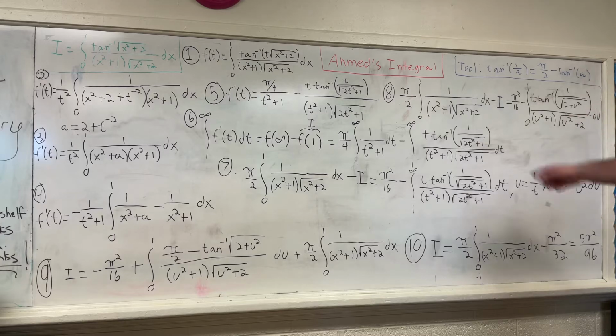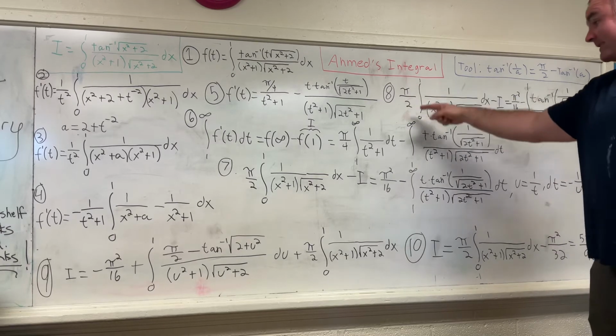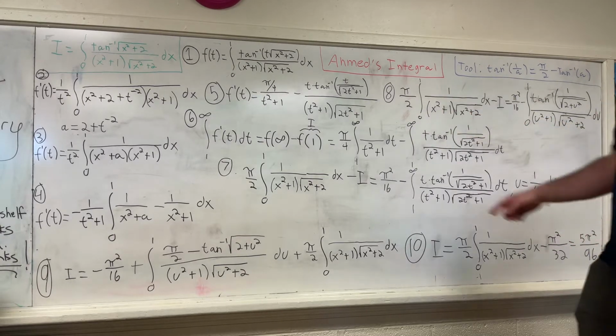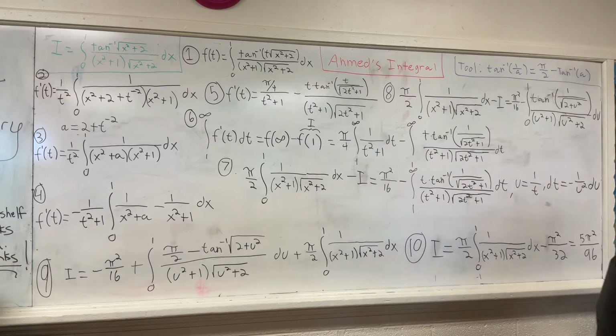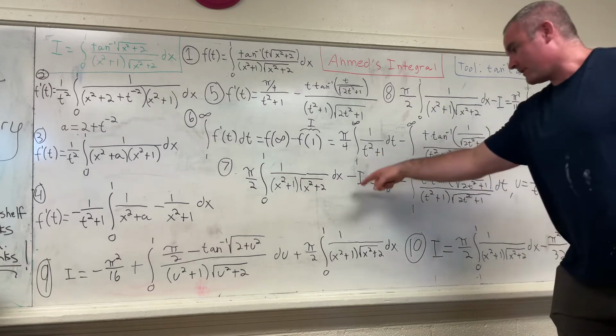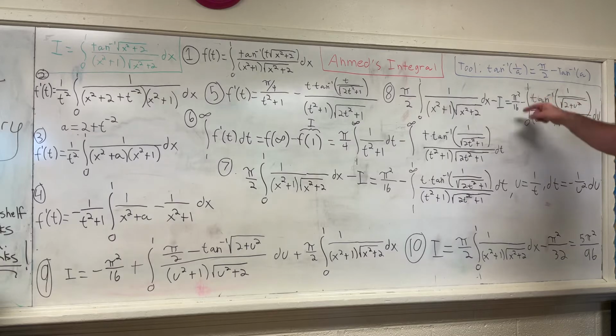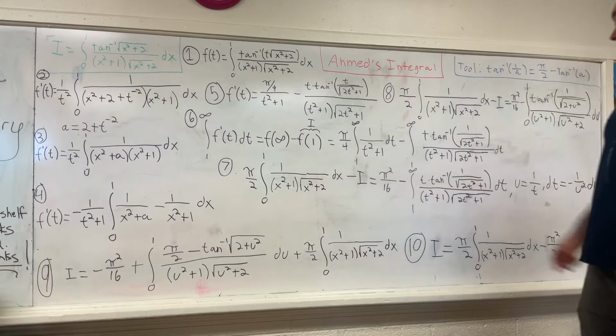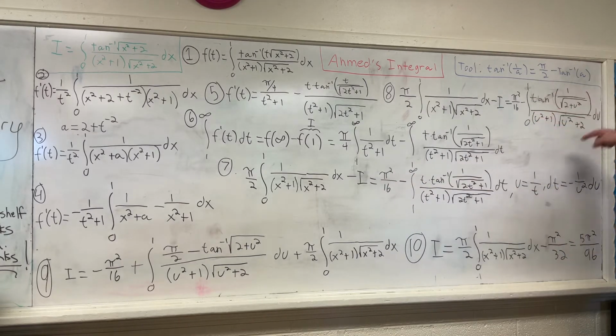step come from. So pi over 2 times this, and that is this part right here, untouched. Minus I, right here, untouched. Equals pi squared over 16, again, untouched. This is what you get when you perform that substitution.